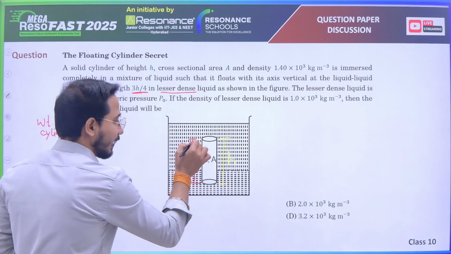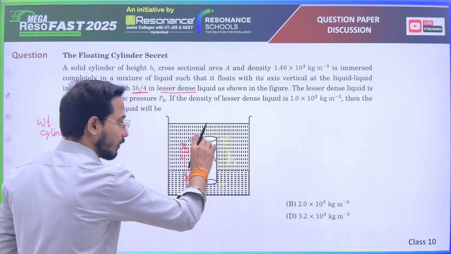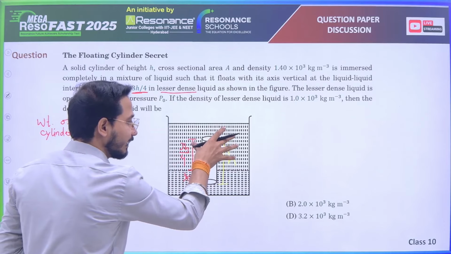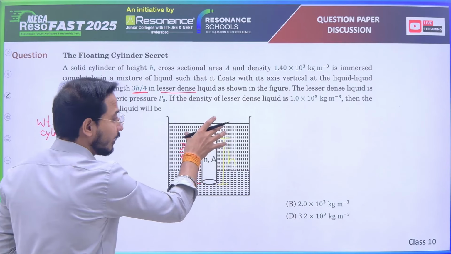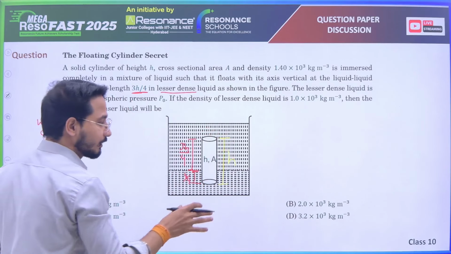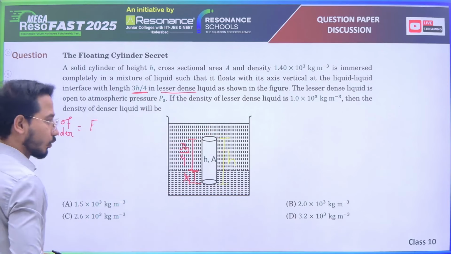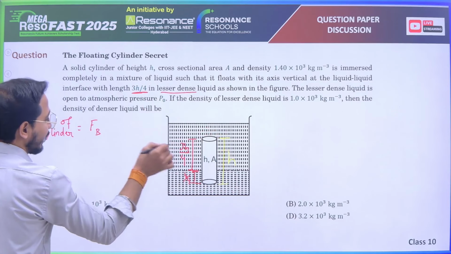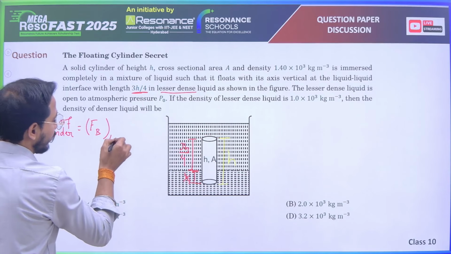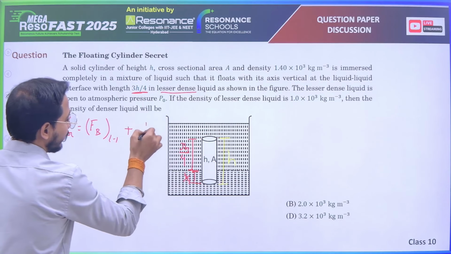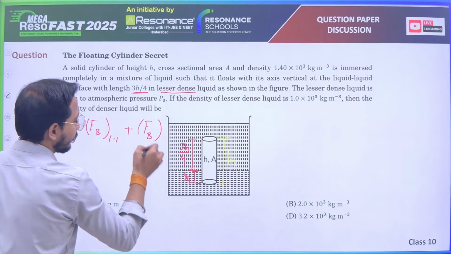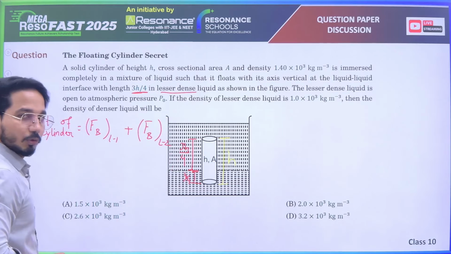So buoyant force acting on the cylinder due to liquid 1 plus buoyant force acting on the cylinder due to liquid 2, right?